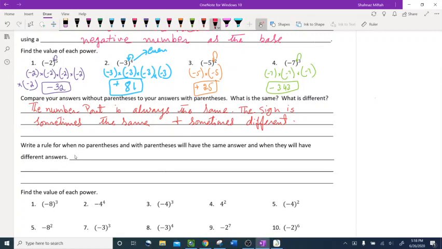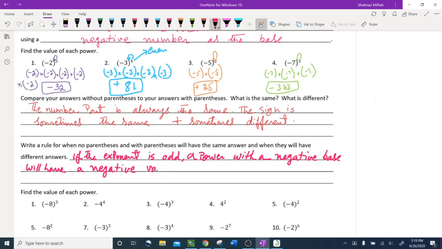So if the exponent is odd, a power with a negative base will have a negative value.